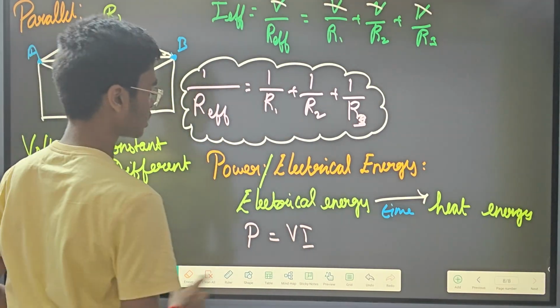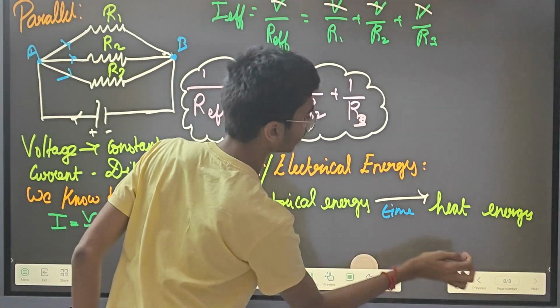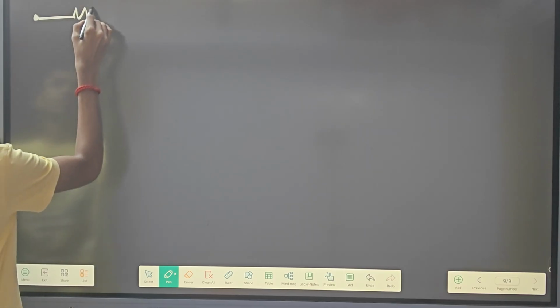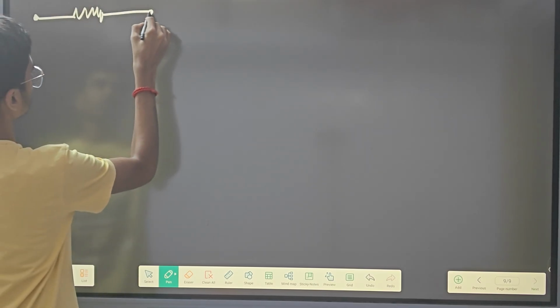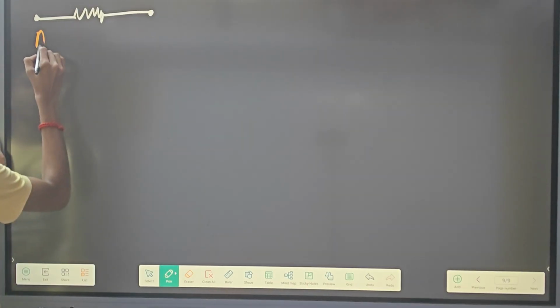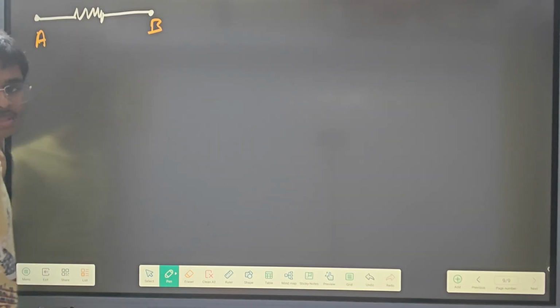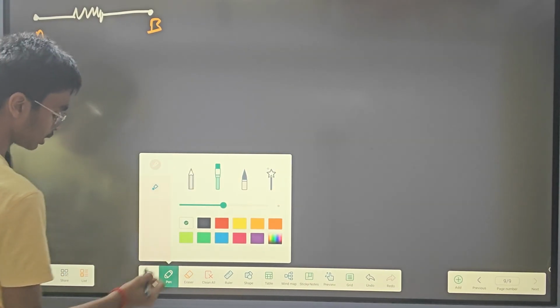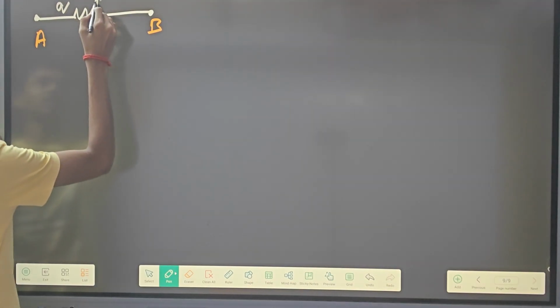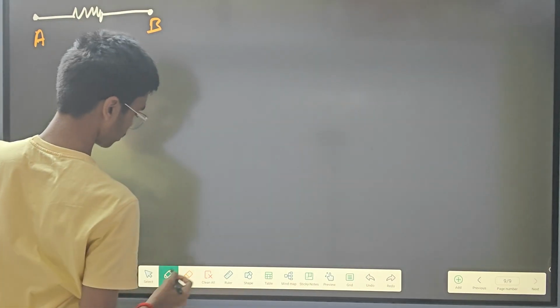Okay, wait. I will first write with perfect terms. For example, let this point be point A and this point be point B. In this one, there is Q charge and then there is R resistance.